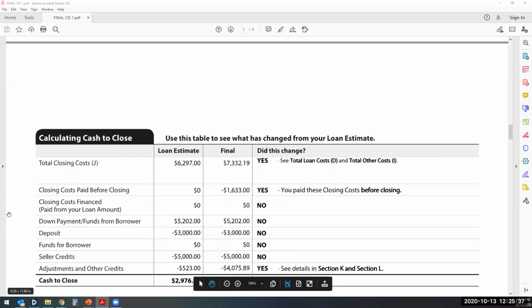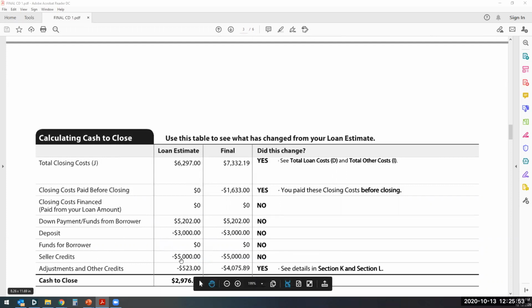Now you're going to add your down payment, which is $5,203. And now you're going to take out the deposit, the escrow deposit.